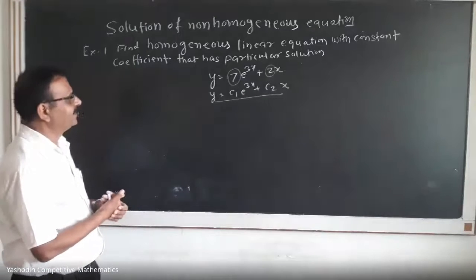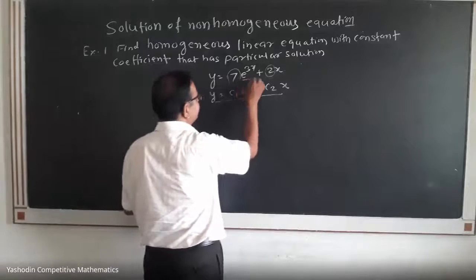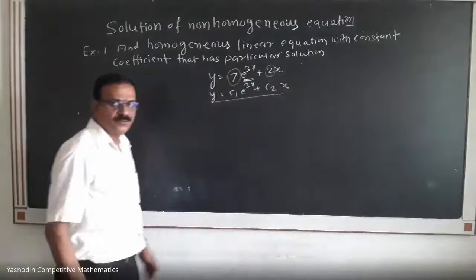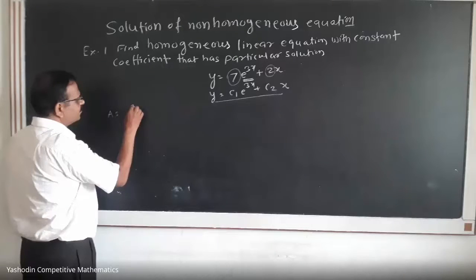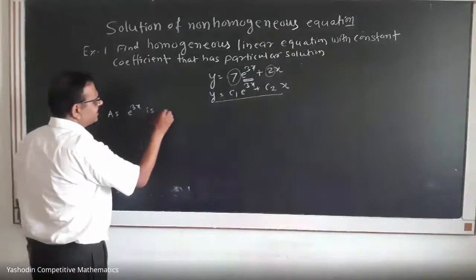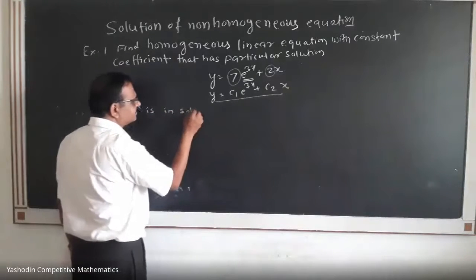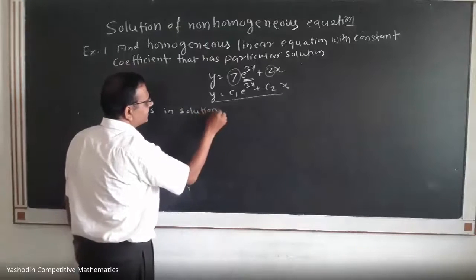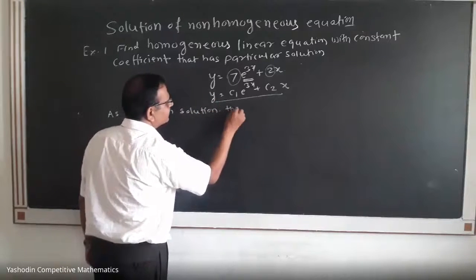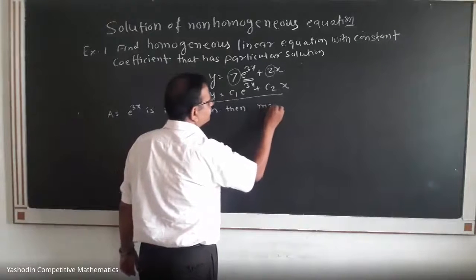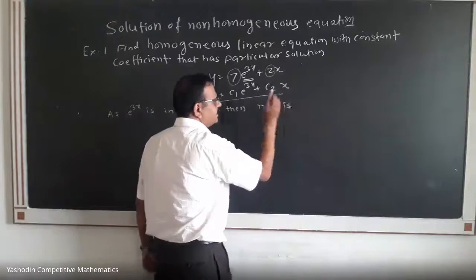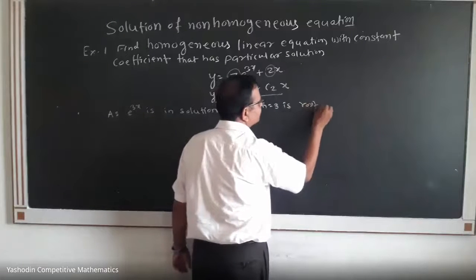For that, e raised to 3x is in the solution. What does this imply? As e raised to 3x is in the solution, then m equal to 3 is a root of the auxiliary equation.